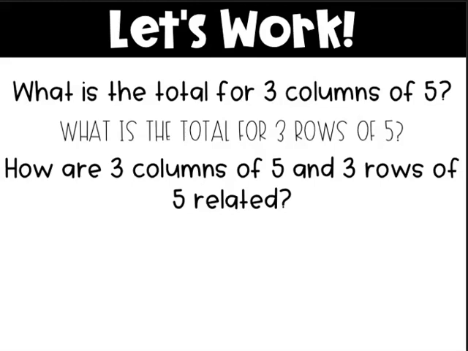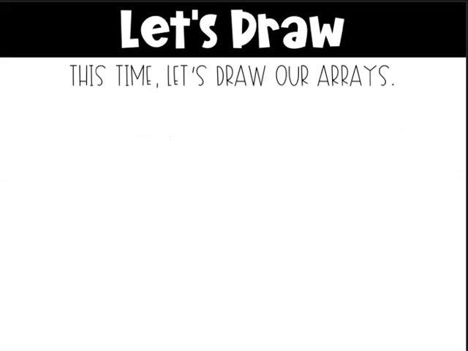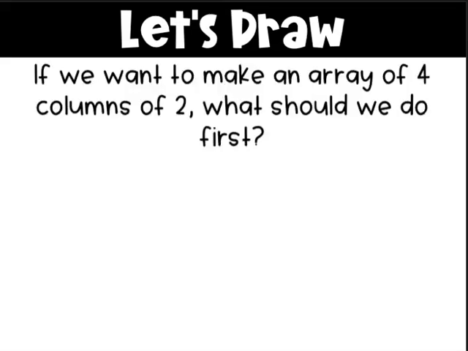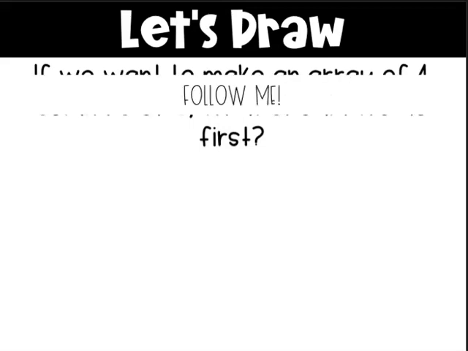Now that we've done that, let's draw our arrays. Now, if the drawing's a little bit tricky for you or you feel like you're using a lot of paper here, go ahead and keep using your objects. But if I want you to make an array of 4 columns of 2, what do I draw first? Go ahead and follow me as I do it.